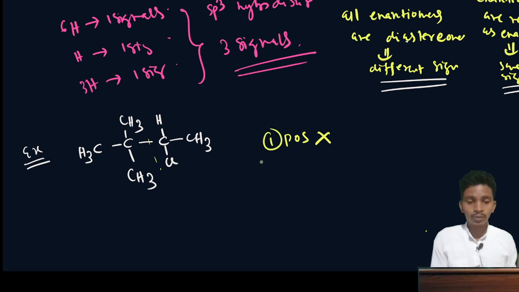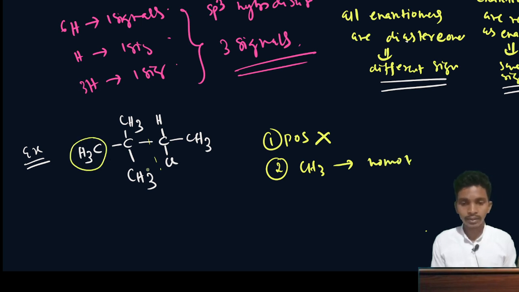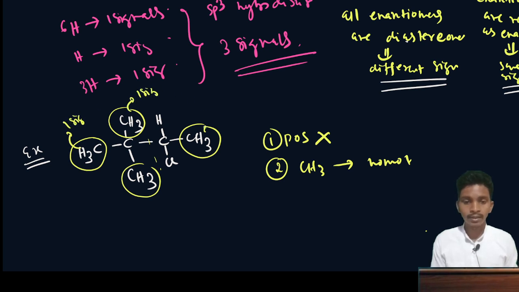So next we will look at whether all CH3 are homotopic. This is homotopic, this is homotopic, this is homotopic, and this is homotopic. That means I will get one signal for each of these.